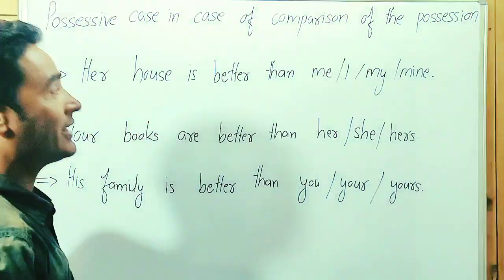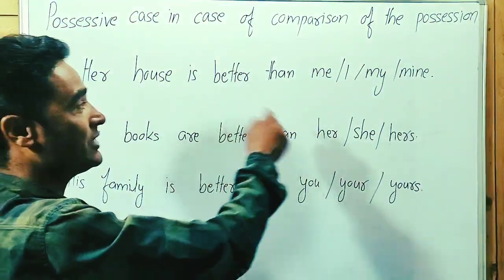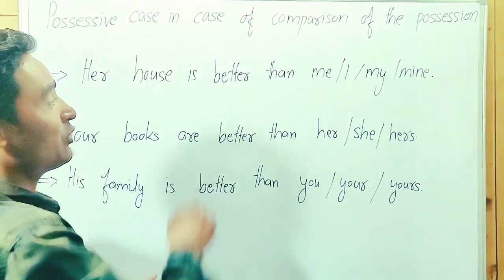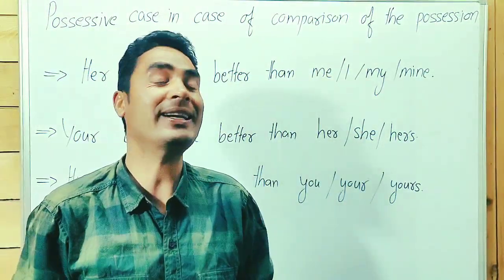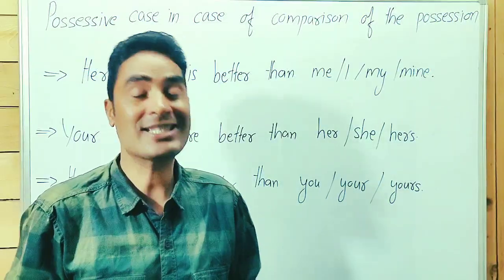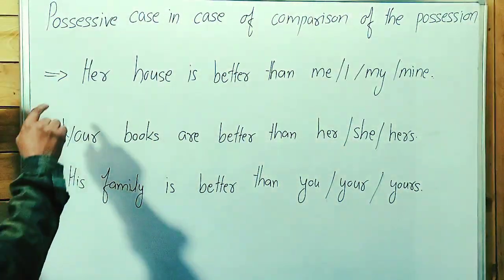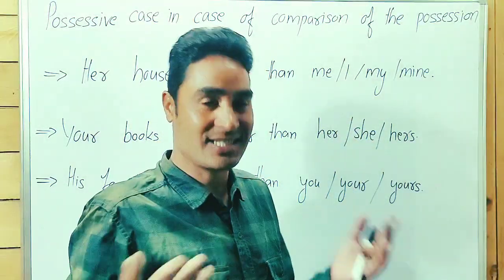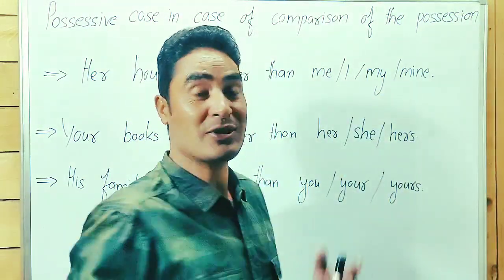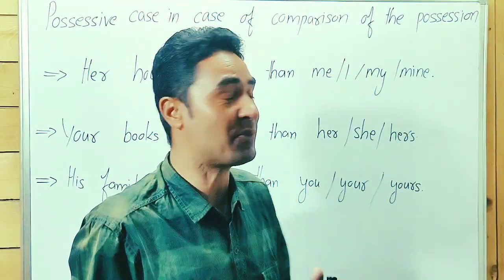Her house is better than me, her house is better than I, her house is better than mine. Which one is correct? Here, me is objective case, I is subjective case, my is a possessive adjective, not a possessive pronoun.